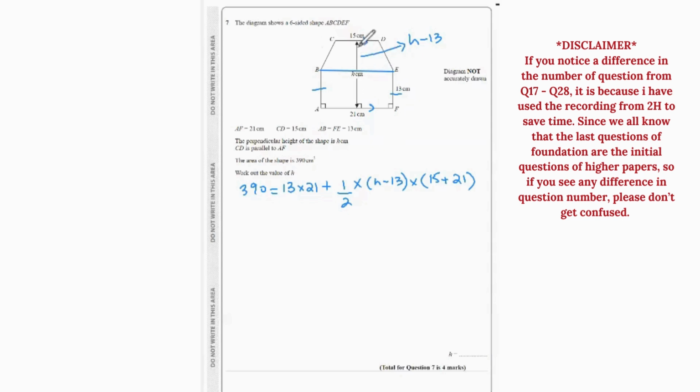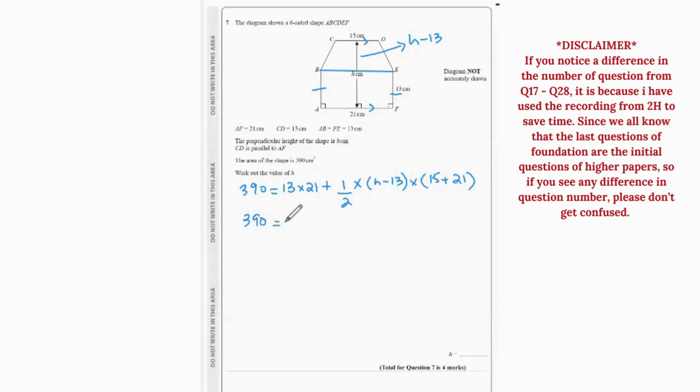So h minus 13 is the height of the trapezium, times the sum of parallel sides. Parallel sides are CD and BE, which are 15 and 21, because BE is the same as AF. They're the same lengths.